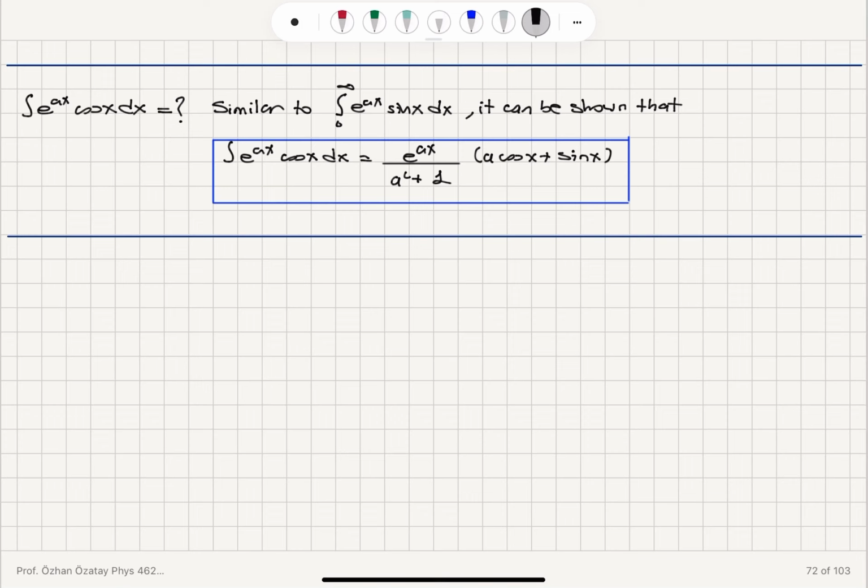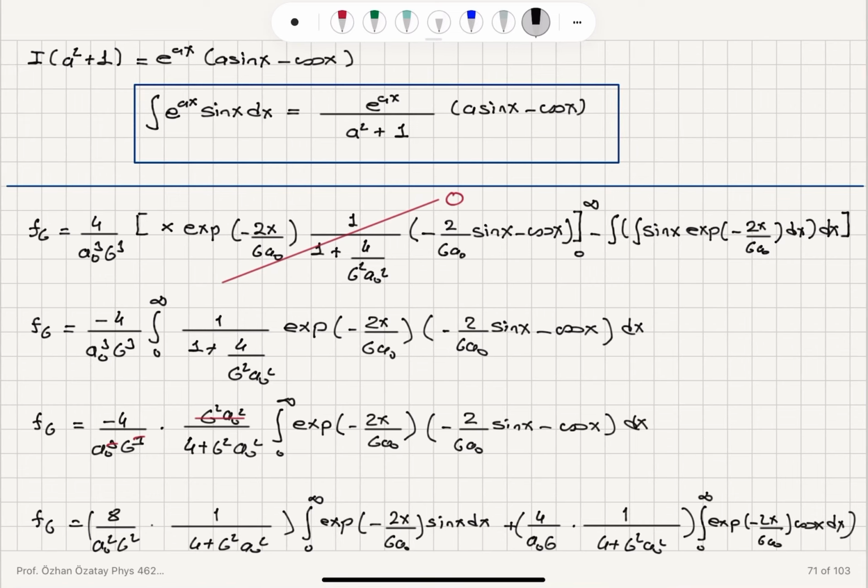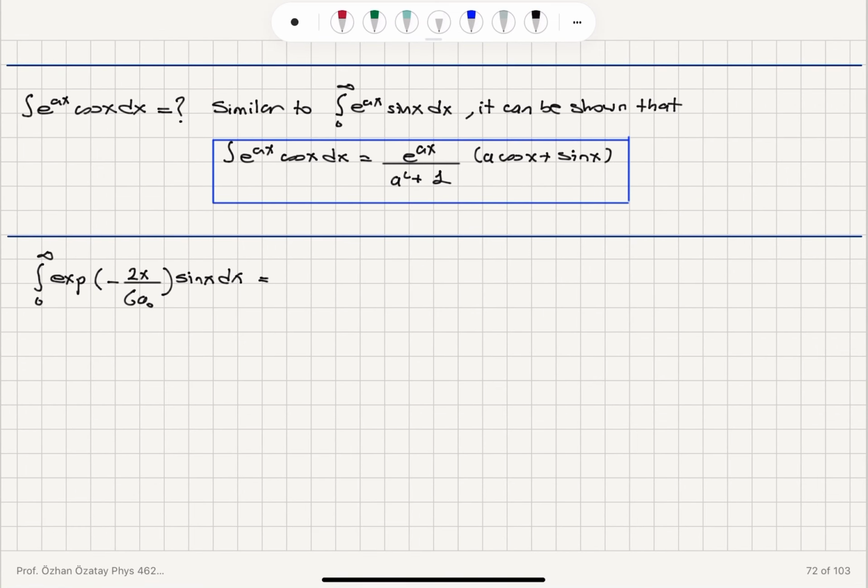The first term I have integral 0 to infinity exponential minus 2x divided by ga0, that's the first integral, sine x dx. And this is basically using the result I have obtained here, e to the ax over a squared plus 1.